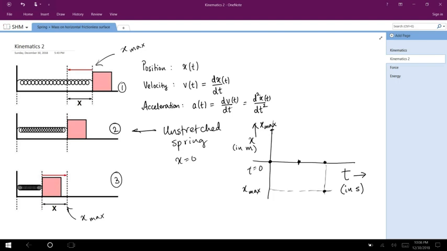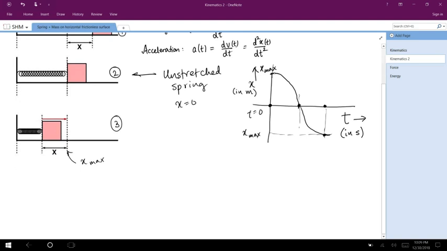And at that point, the block is now moving faster. As the block gets closer and closer to this middle point over here, the change in displacement becomes more and more rapid. So you can think that the change would initially be shallow, then it's going to increase, and keep going like this, and then at the end it's going to become more shallow. Okay, that's our position versus time graph.